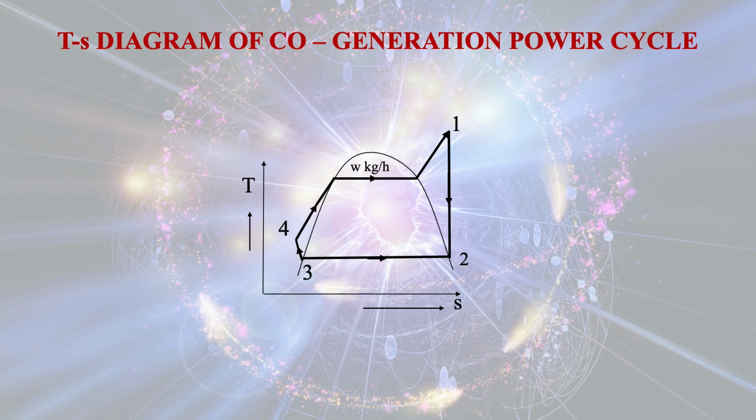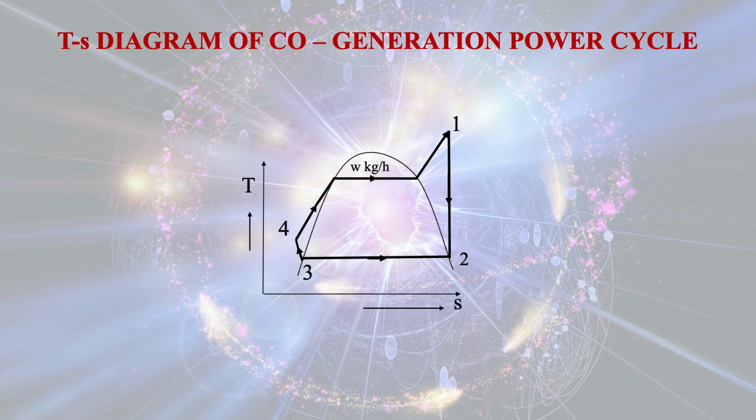This is the TS diagram of cogeneration power cycle. Here, point 1 is the entry point of the high pressure, high temperature steam entering into the turbine. Here, the rate of mass flowing through the cycle is W kg per hour, and the exit point of the turbine is point 2, and 2 and 3 are the states of the process heater, and 3 is the entry point of the pump, and 4 is the exit point of the pump.